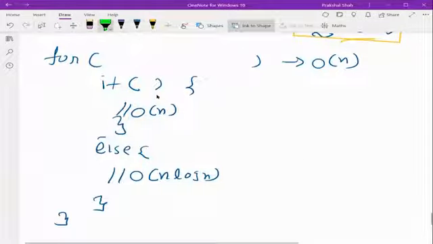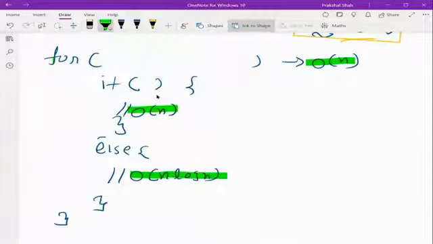This for the if is my order of n, for the else is my order of n log n. Now you need to tell me.